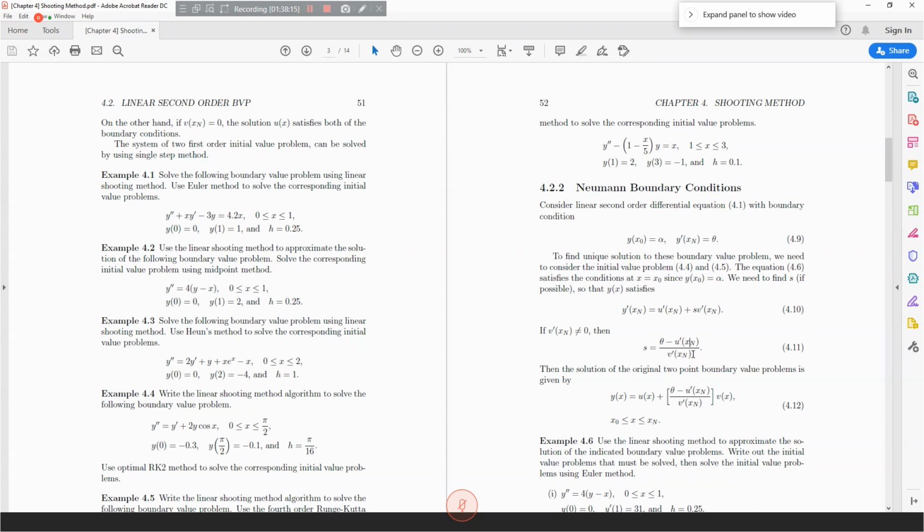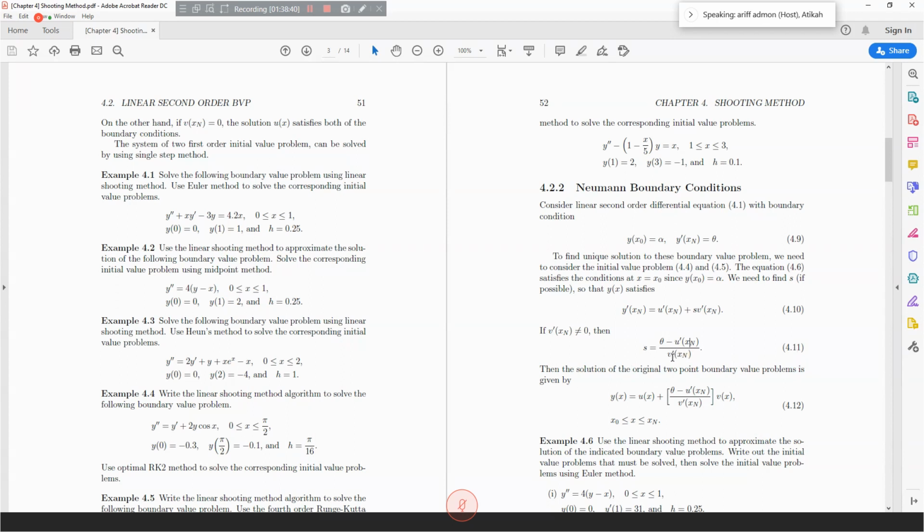Similarly for IVP2, this v prime(xn) you can get from IVP2. Look back at the previous example for the Dirichlet. In IVP2, v prime is basically your w, because you let v prime equal to w. So from equation 4.11, this v prime is actually w(xn).